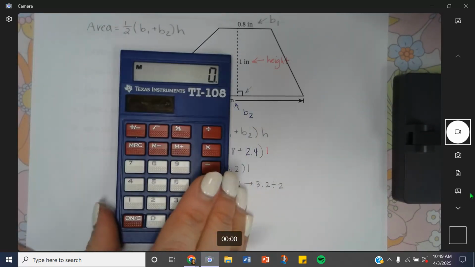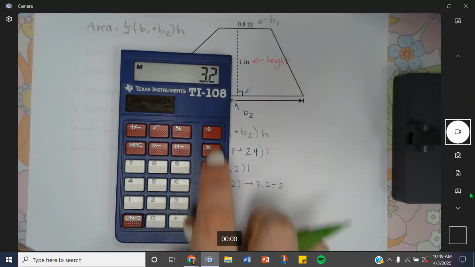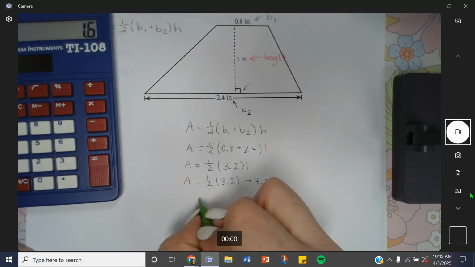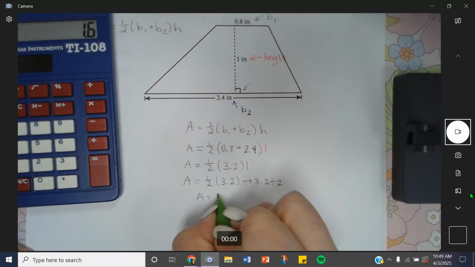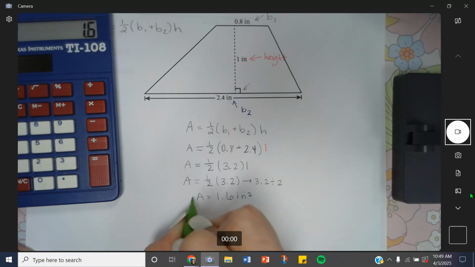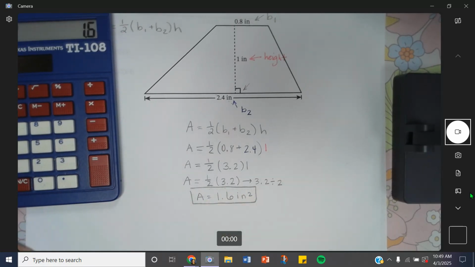So from there, I'll use my calculator and do 3.2 divided by 2 to get 1.6. So the area of this trapezoid is 1.6 inches squared. Again, at any point in this video, pause to take your notes to follow along.